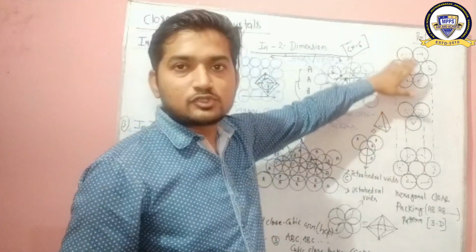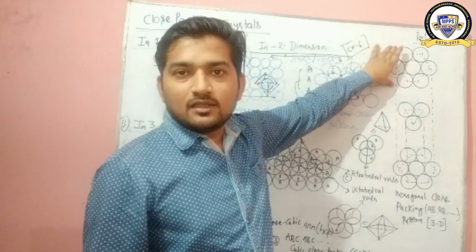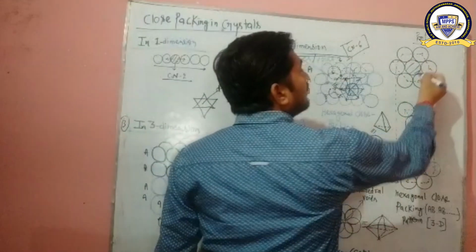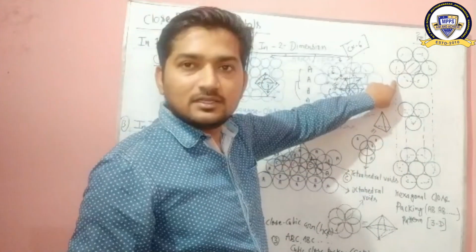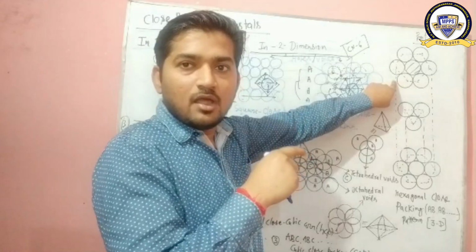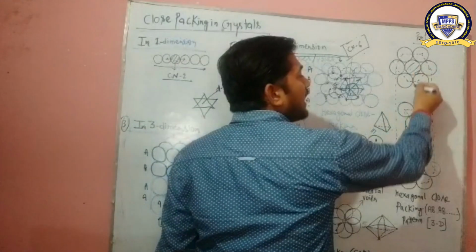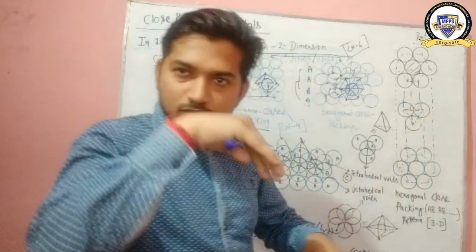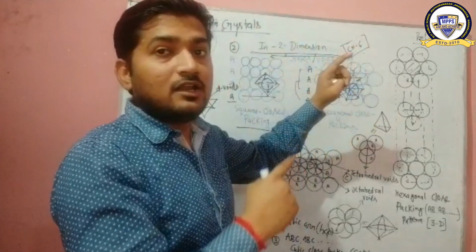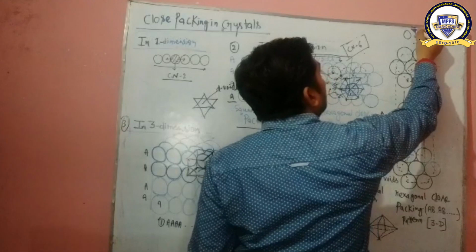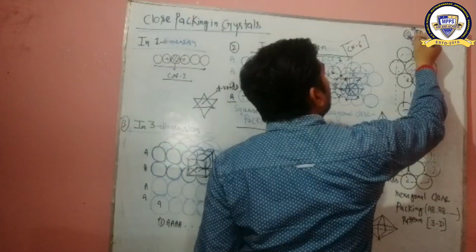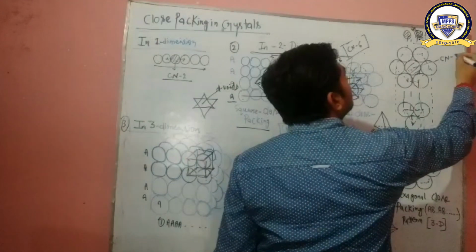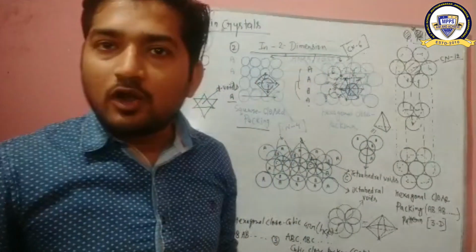If we look at the diagram, this shows hexagonal close packing, and in this diagram, this particle is surrounded by six particles present in the same layer, but it also touches these three particles below its plane, and 3 other particles above its plane, and that's why these particles have coordination number 12.